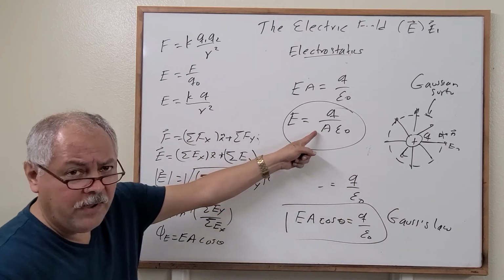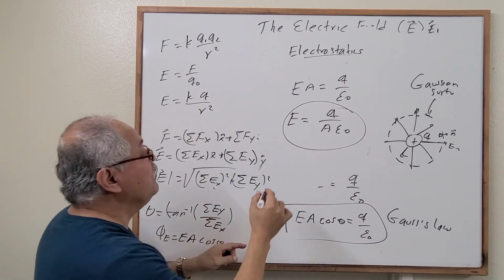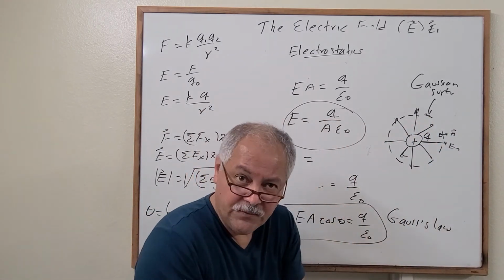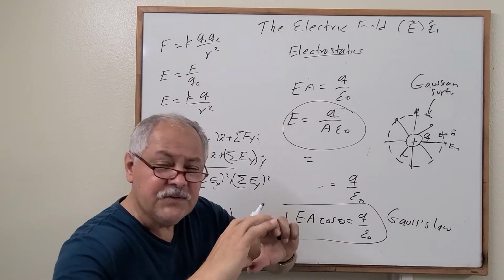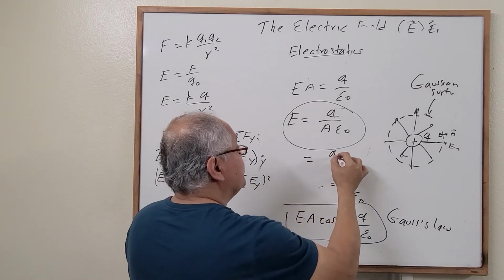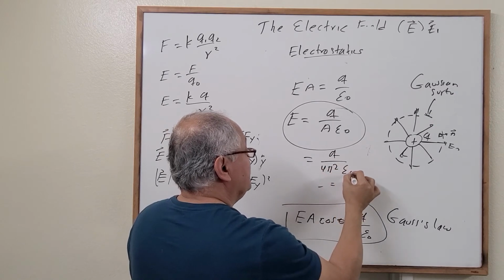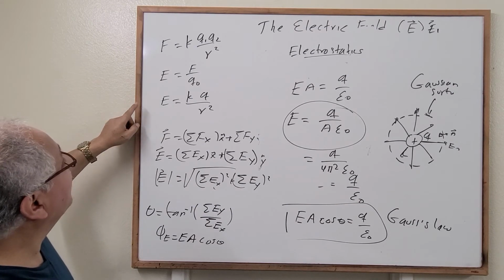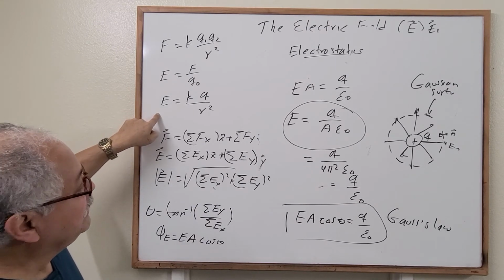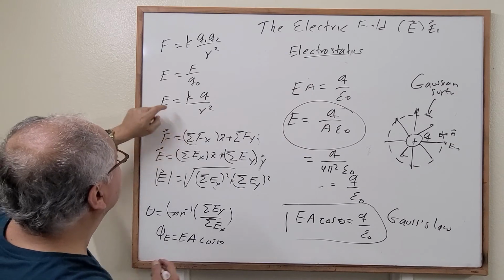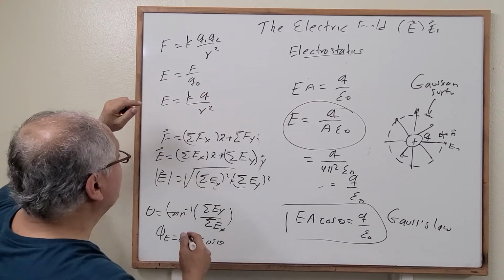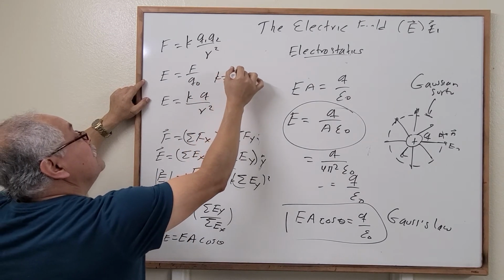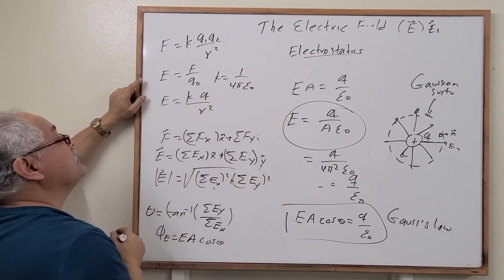And what is this? Well, we can go back. When we substitute the value for the area, in this case the area of a spherical surface, it's equal to what? Charge over 4 pi r squared epsilon naught. I remember from the previous video, we found that k is equal to 1 over 4 pi epsilon naught.